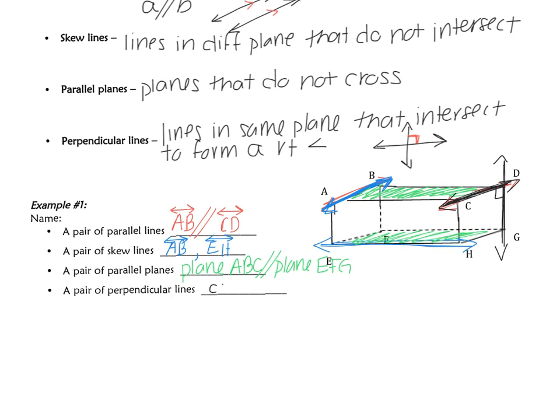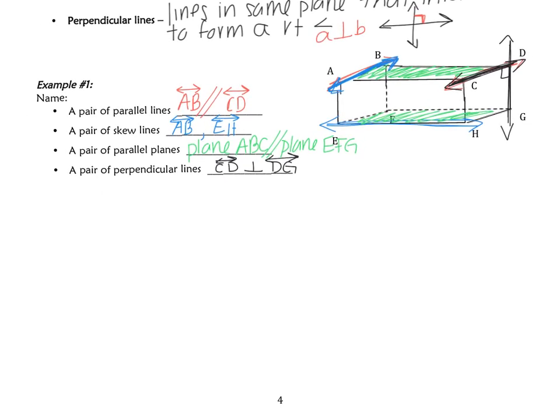So CD with my arrows, perpendicular is an upside down T to line DG. Okay, so I'm actually going to head back up here and write that down quickly to show A perpendicular to B. That's the notation that you would use. Okay, so that's our first definitions and planes with that.